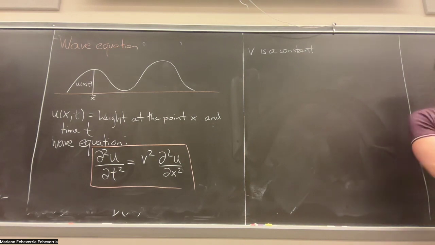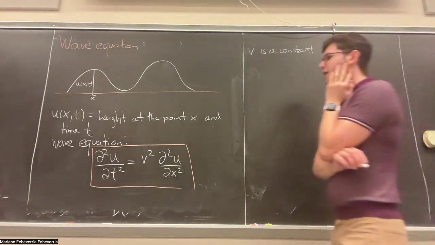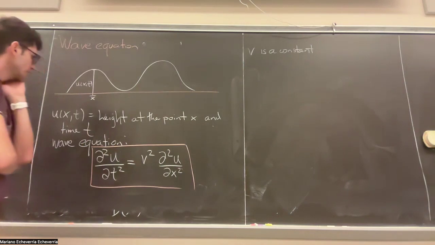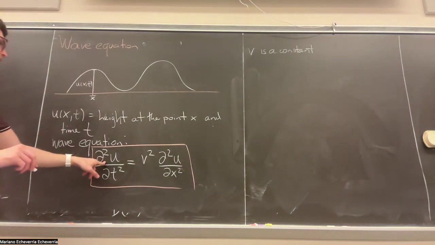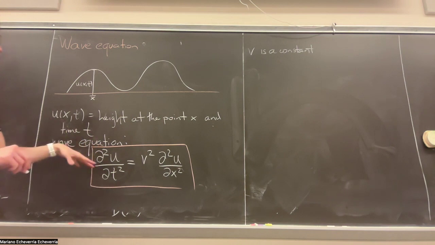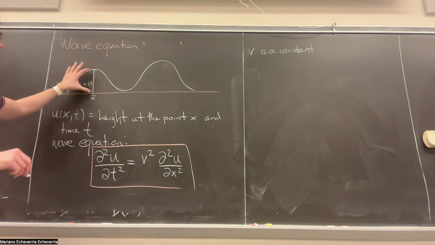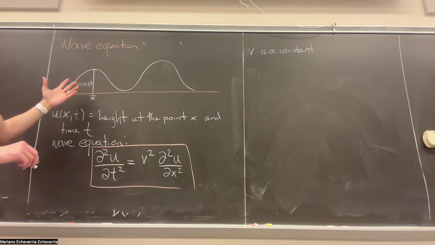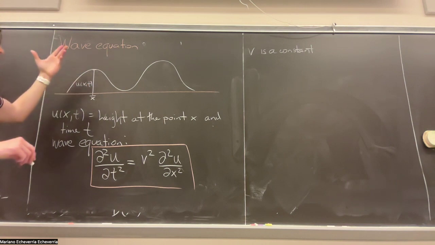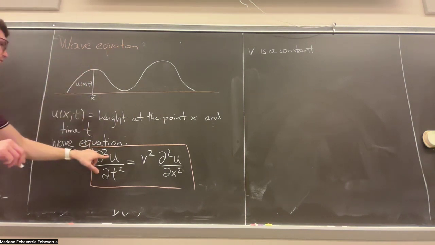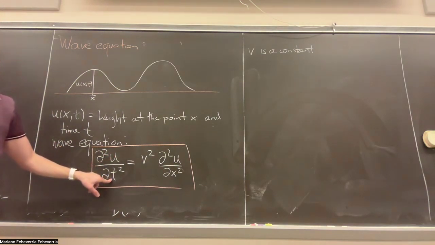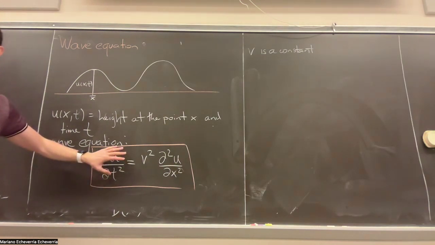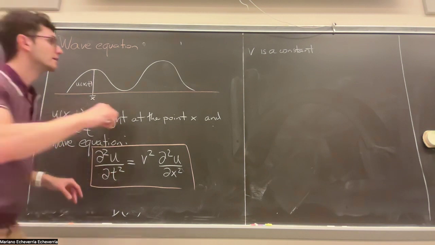But if you're into this type of analysis, the way you should think about it is in terms of units. If u represents the height, that would be measured in units of length. When you take second derivatives with respect to time, you get on the left-hand side length over time squared.